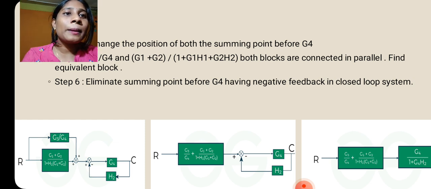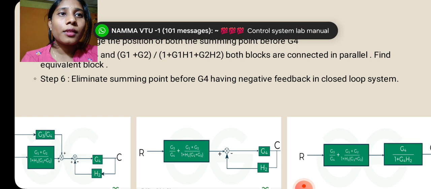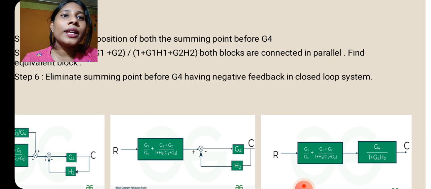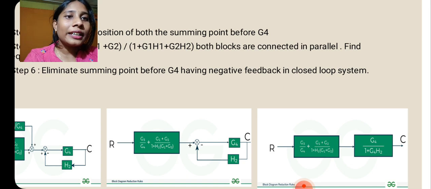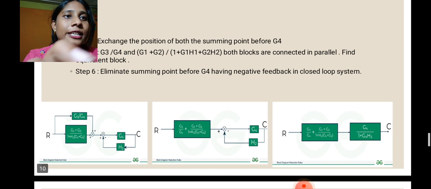They are equivalent blocks because both are connected in parallel. Step 4, eliminating the summing point before G4 having negative feedback in a closed loop system. In a closed loop system, G4 having negative loop, so we should eliminate it. So we get G4 by 1 plus G4 H2, as you can see here.